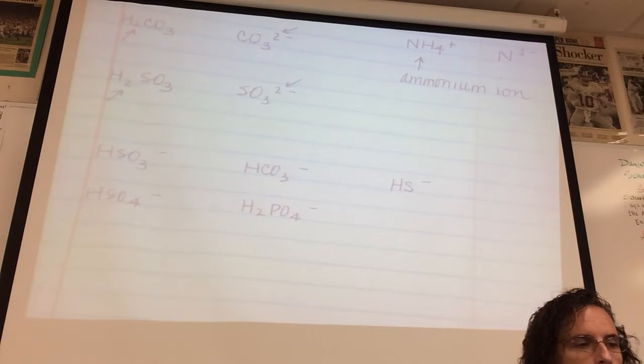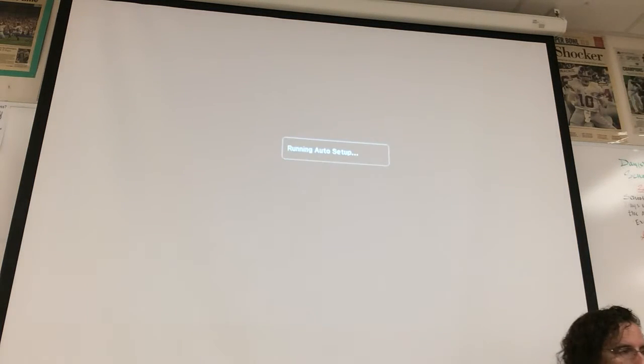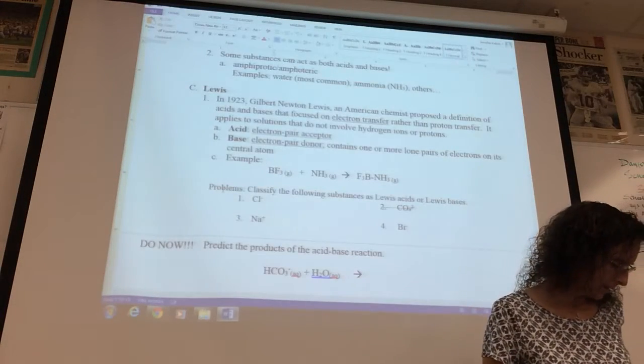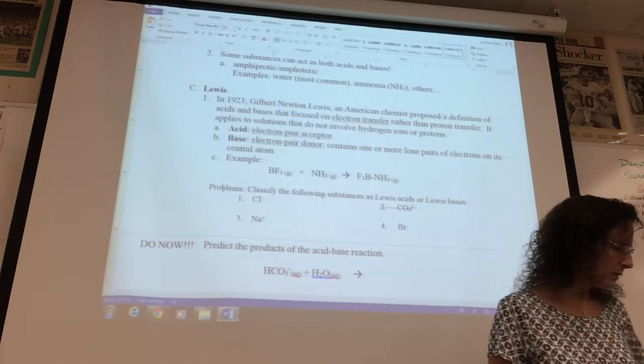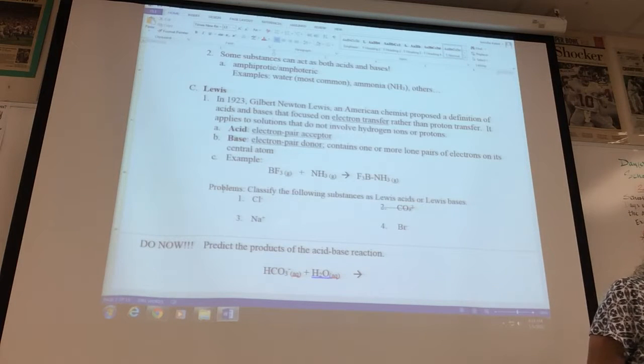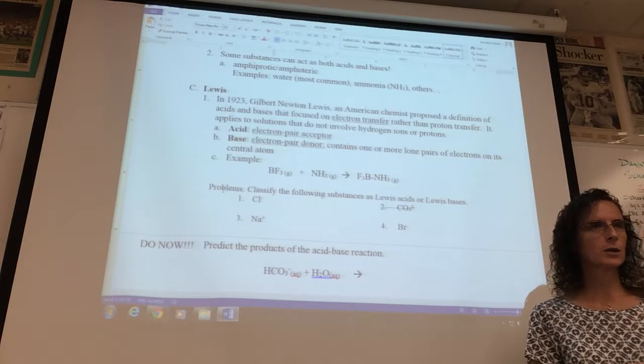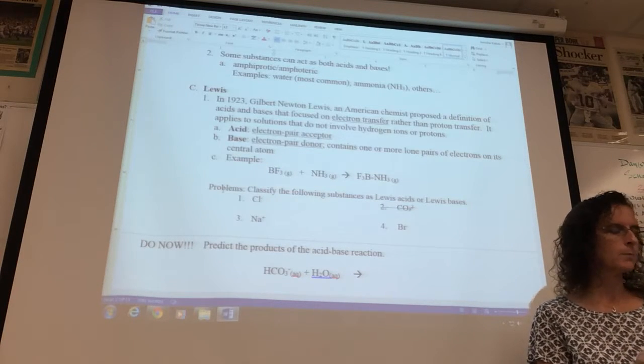Another definition of acids and bases is the Lewis acid-base definition. You will not be assessed on this. I just want to mention it here. And it is an important definition, and it's something you probably saw when you took freshman bio last year.